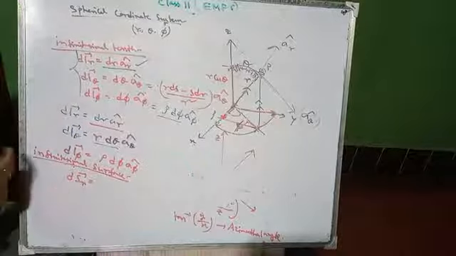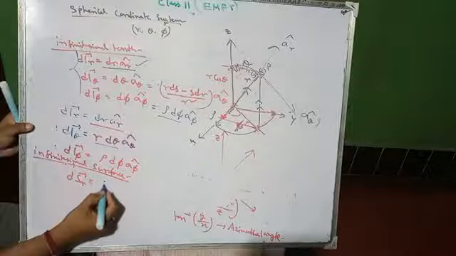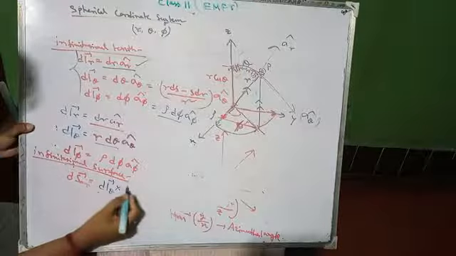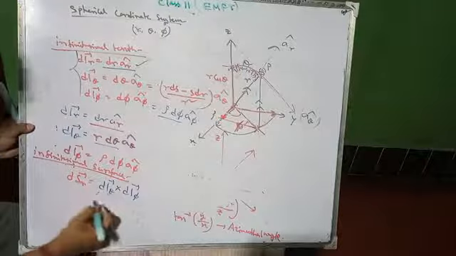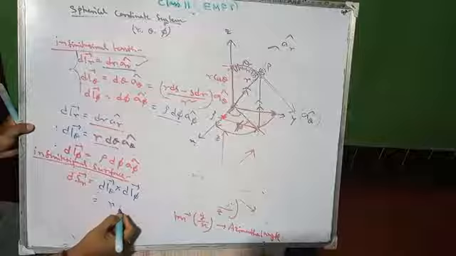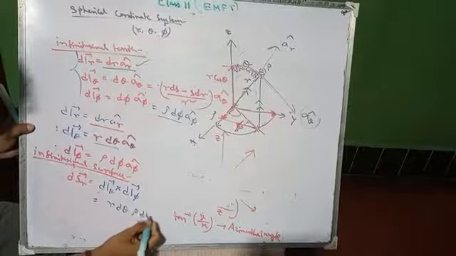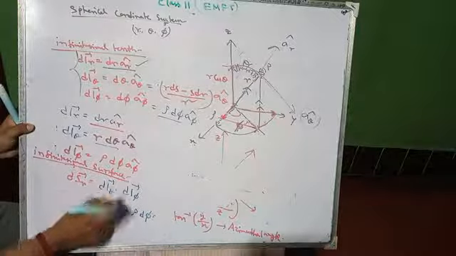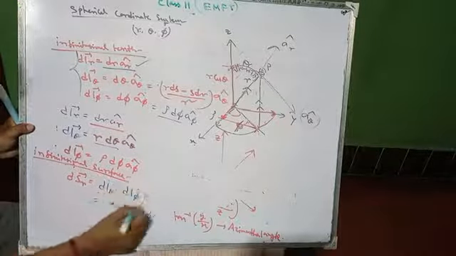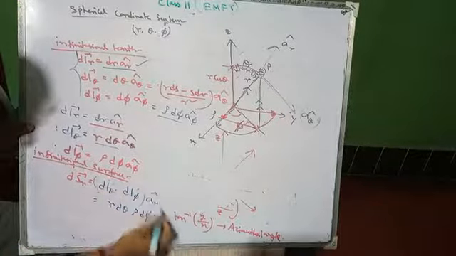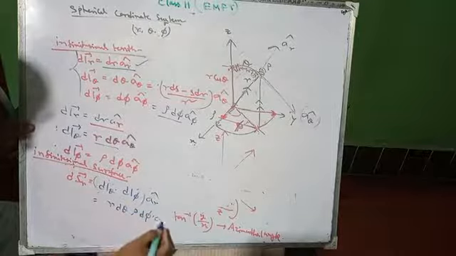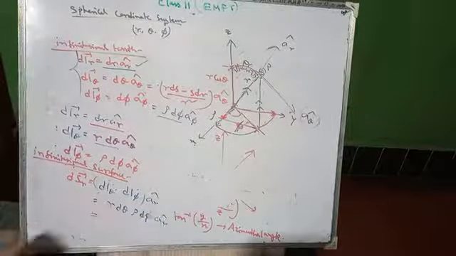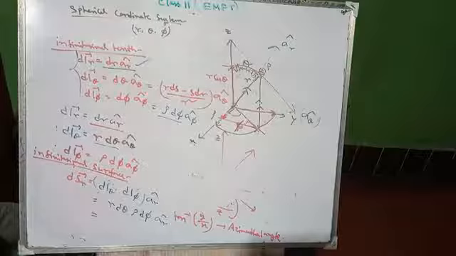dS_r means what? Now you have multiplied these two, dl theta multiplied with dl phi, just multiplied it. So r d theta, rho d phi, and the direction will be a_r cap. Okay, so what is rho?